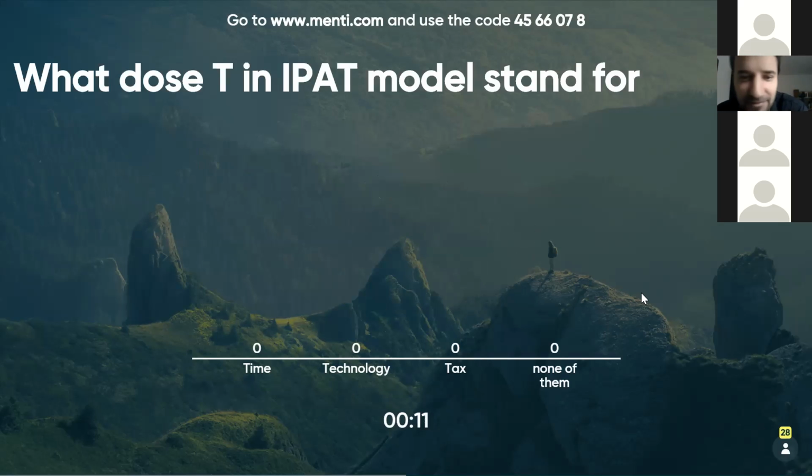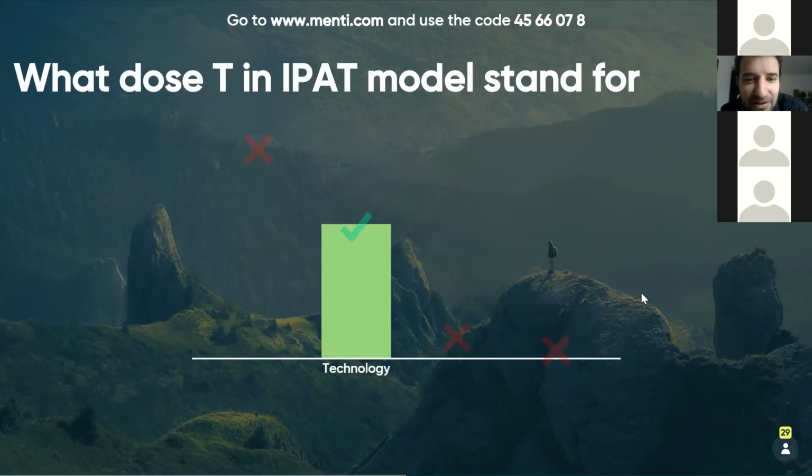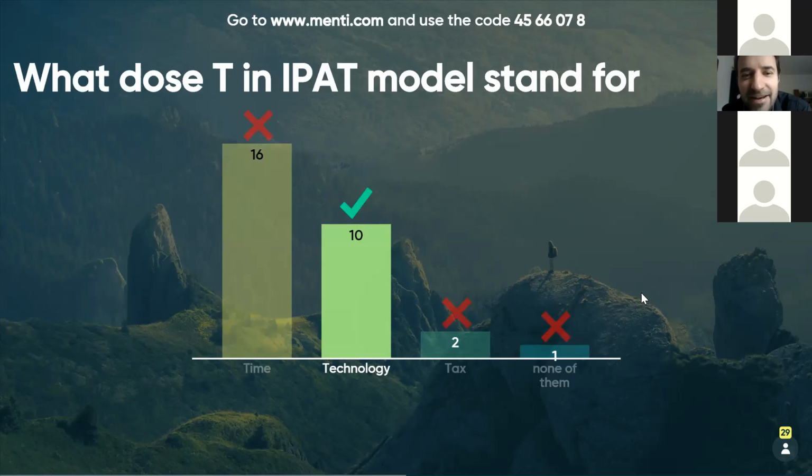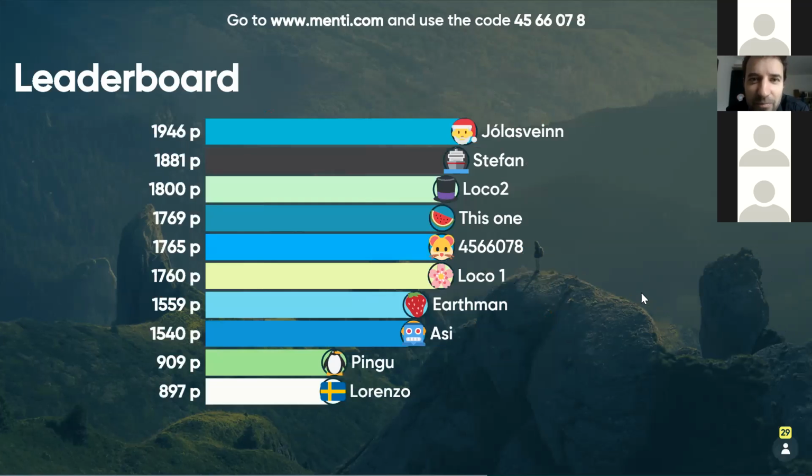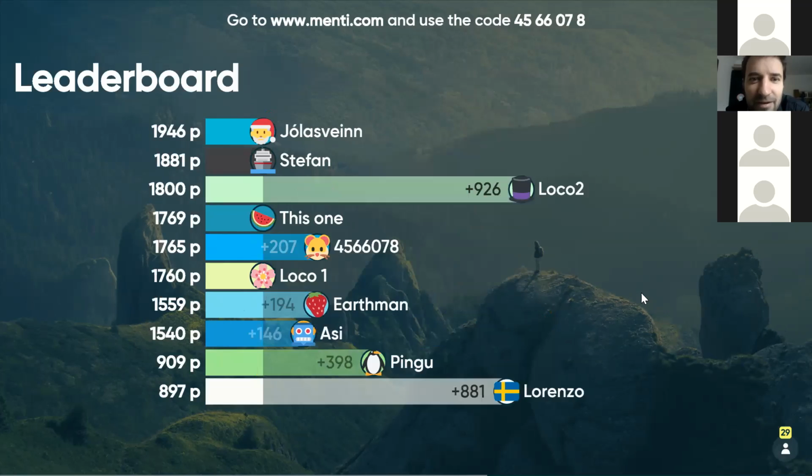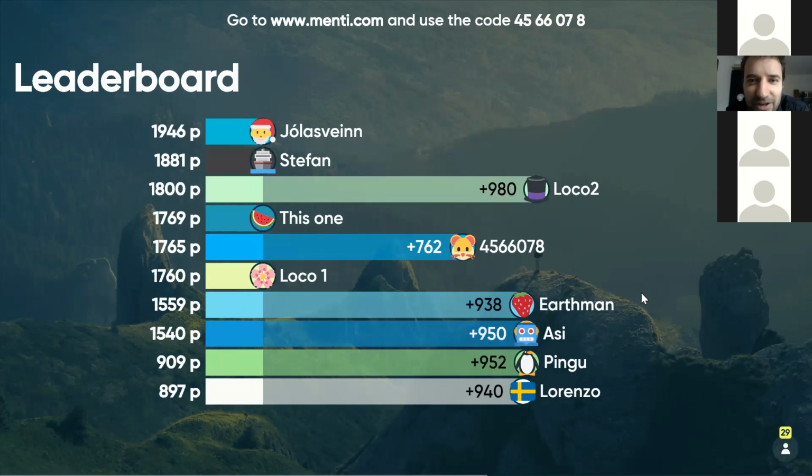Or none of them. It could be also something else. So who got this correct? The correct answer is technology. So 10 got this correctly. So in principle, it's a very simple model where you have the population, the economic output, and the technology that are multiplied with each other. And I think we're going to have a new leader.